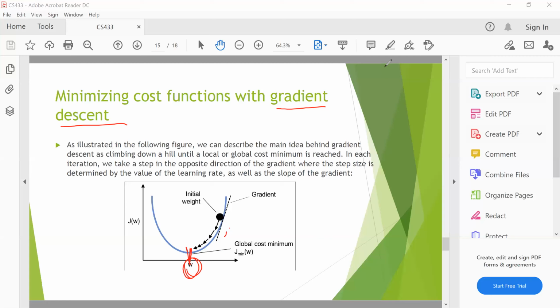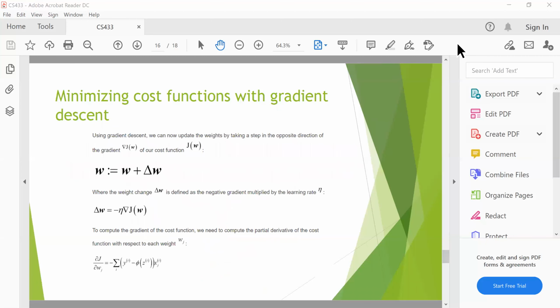And over here on our graph, each of these is our delta W, at each iteration. Each iteration we have that delta W, getting close to the optimal weight. So this is gradient descent.